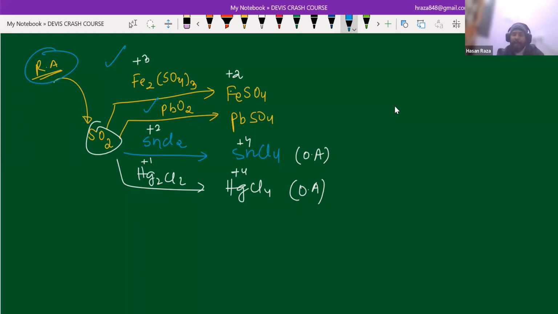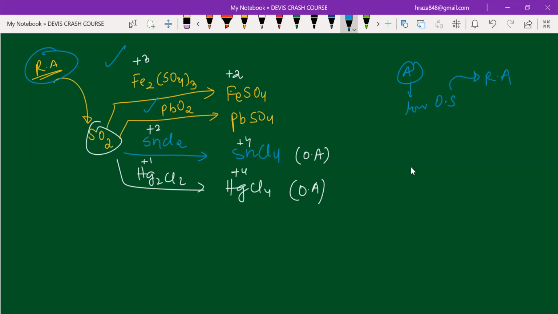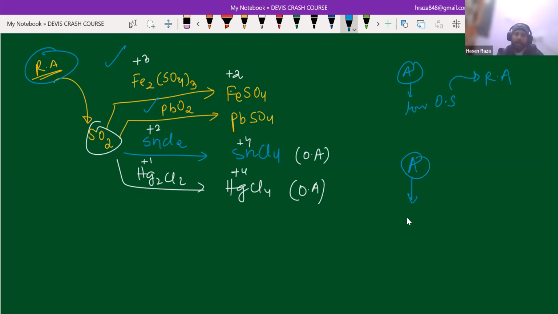That's why whenever an element is in a lower oxidation state, it acts as a reducing agent. And whenever an element is in a higher oxidation state, it acts as an oxidizing agent because it can only reduce. And if it is in between, it acts as a reducing agent as well as an oxidizing agent.